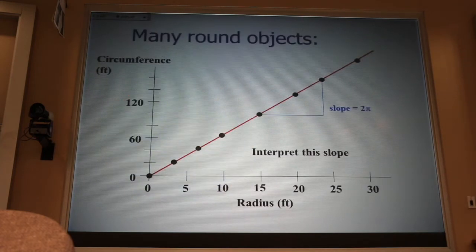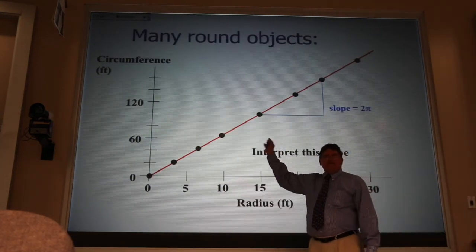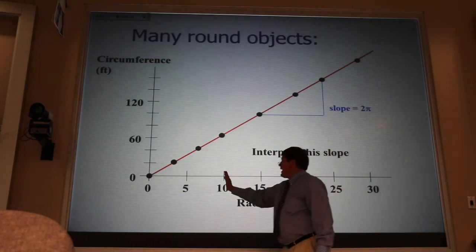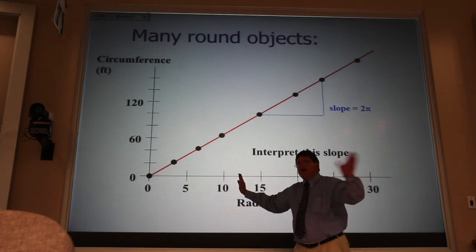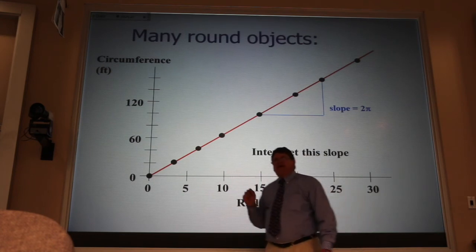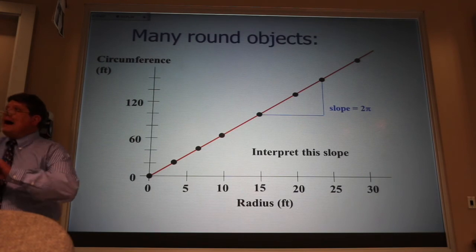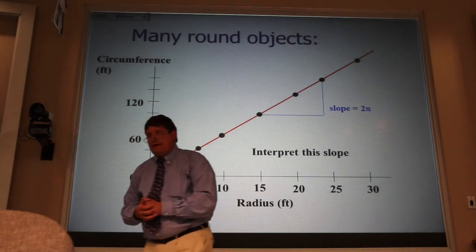And the answer is tied up with the interpretation of this slope. The slope of that line is 6 pi. That means if I want to increase the radius of any circle, whether it's a big circle, small circle, any circle, by 1 unit, let's say 1 foot, I have to increase my circumference by 6.28 feet.